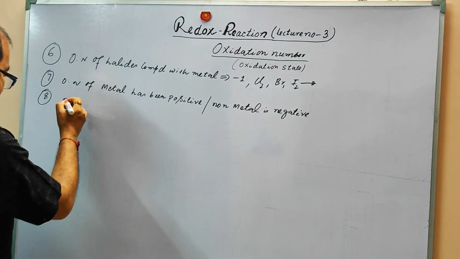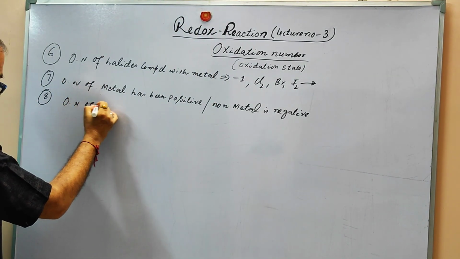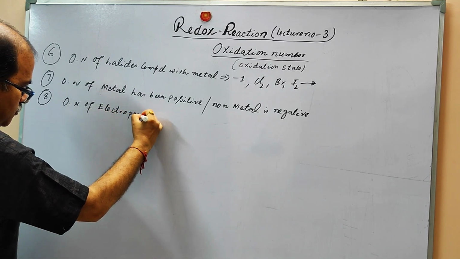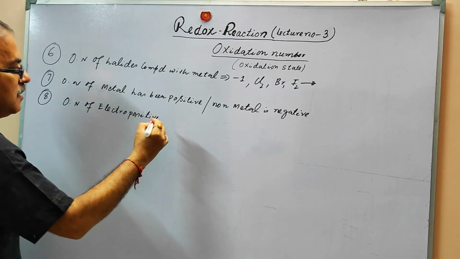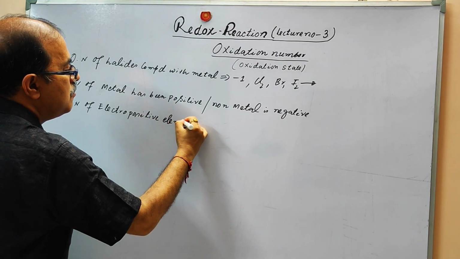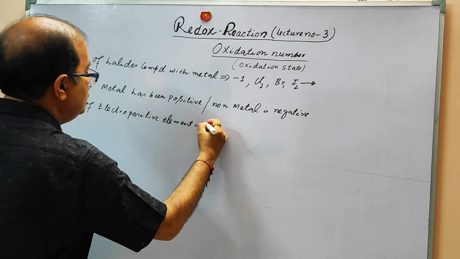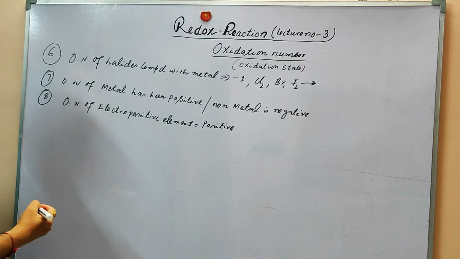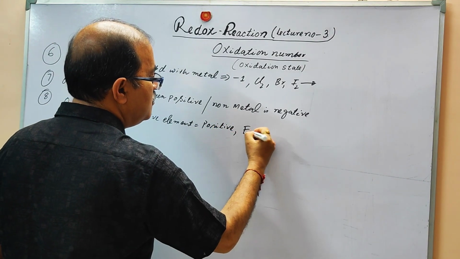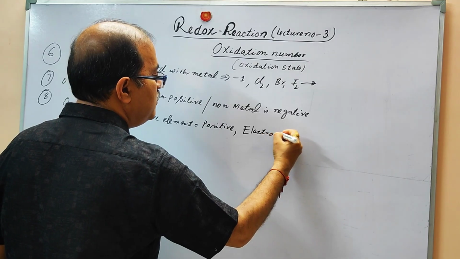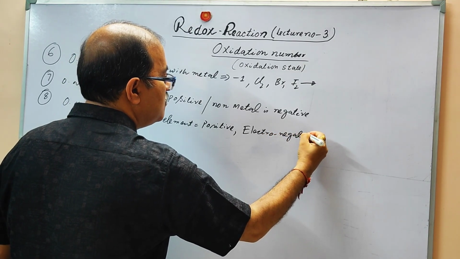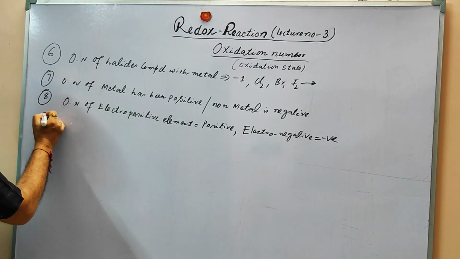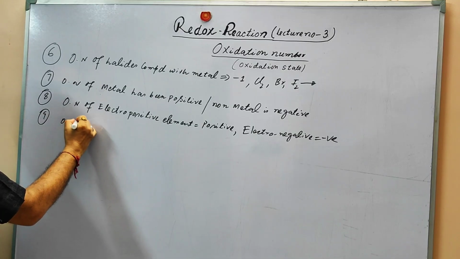At that time, the oxidation number of the electropositive element will be positive and the electronegative element will be negative, right?